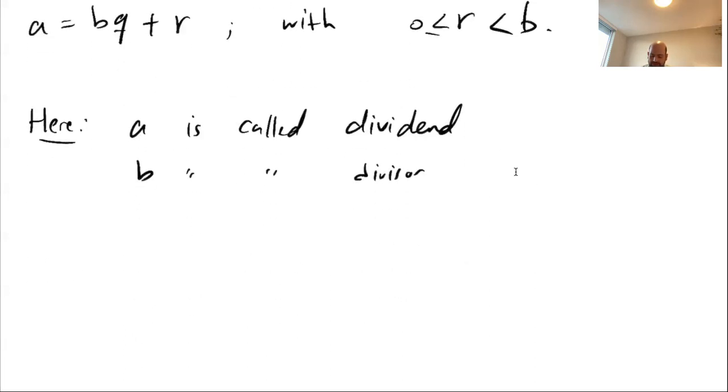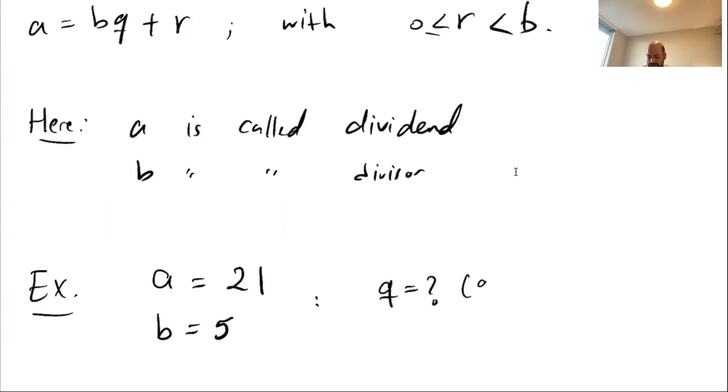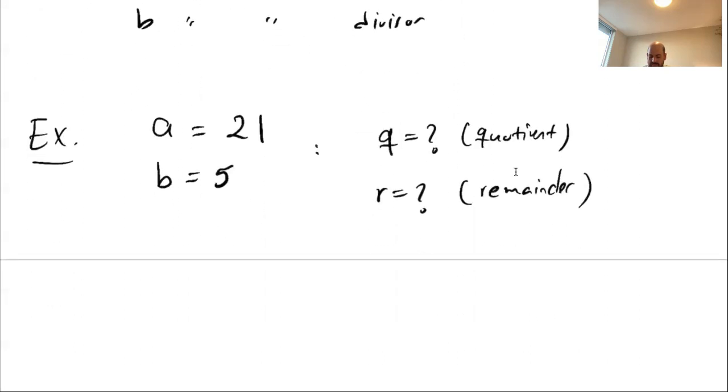Okay, so first let's look at an example. Let's say A equals, for example, 21 and B equals 5. What is the quotient? And what is the remainder, do you think, in this case? So 21, I can write it as 5 times 4 plus 1, right?